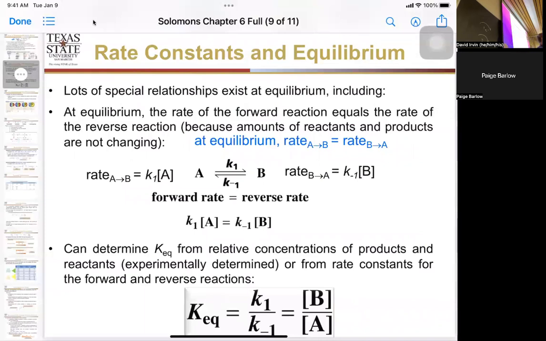So that's why if you have one rate law, it has to be much, much faster than the other rate law. Because as you build up concentration on the product side, it's going to speed the back reaction up. And so what you'll end up with is instead of going to 100% or 99%, you're going to get somewhere around 80%, and then it's going to stop. Because the back reaction has enough concentration and enough speed to match the front reaction.